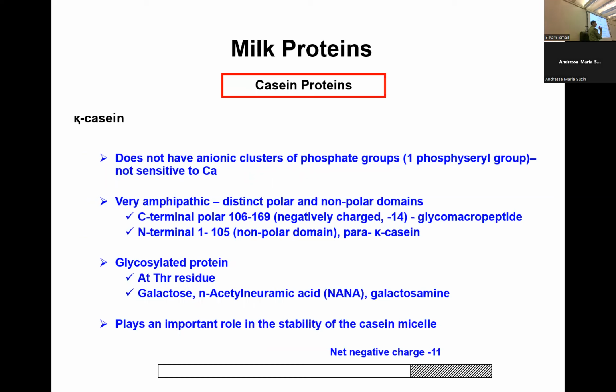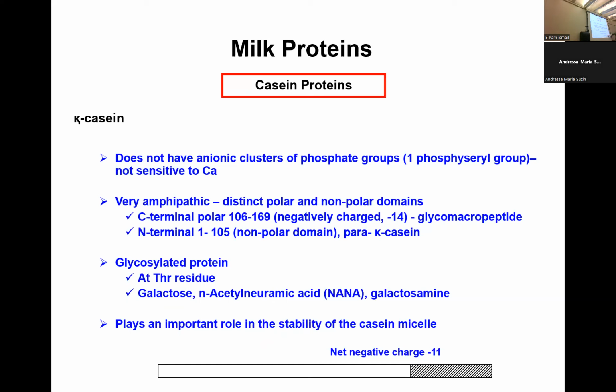You can interrupt with questions, don't forget that. All right, kappa casein, it's also very amphipathic as well. But in this case, the amine side, the N-terminus, is the hydrophobic, and a small portion on the carboxyl end is the hydrophilic.